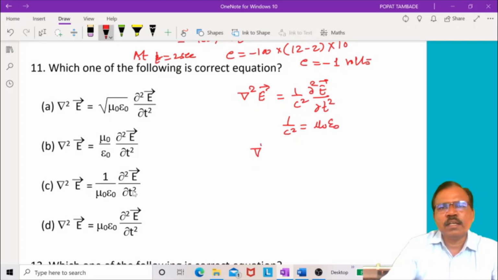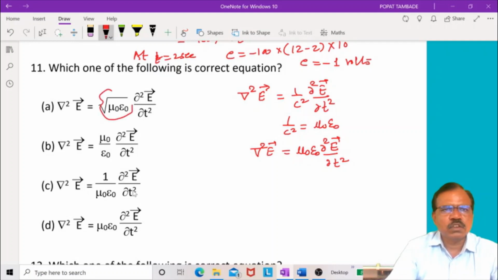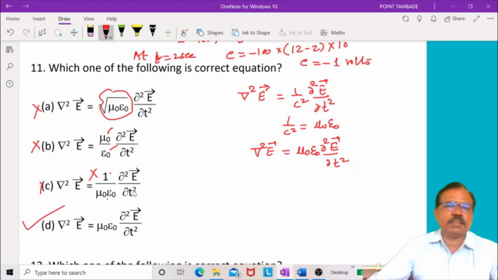So we have del square E is equal to mu 0 epsilon 0 ∂²E/∂t². This is the wave equation. Out of these, the first one has a square root, so it is not correct. Here mu 0 upon epsilon 0, so it is not correct. Here 1 upon mu 0 epsilon 0, so this is also not correct. So del square E is equal to mu 0 epsilon 0 ∂²E/∂t². So this one is correct.